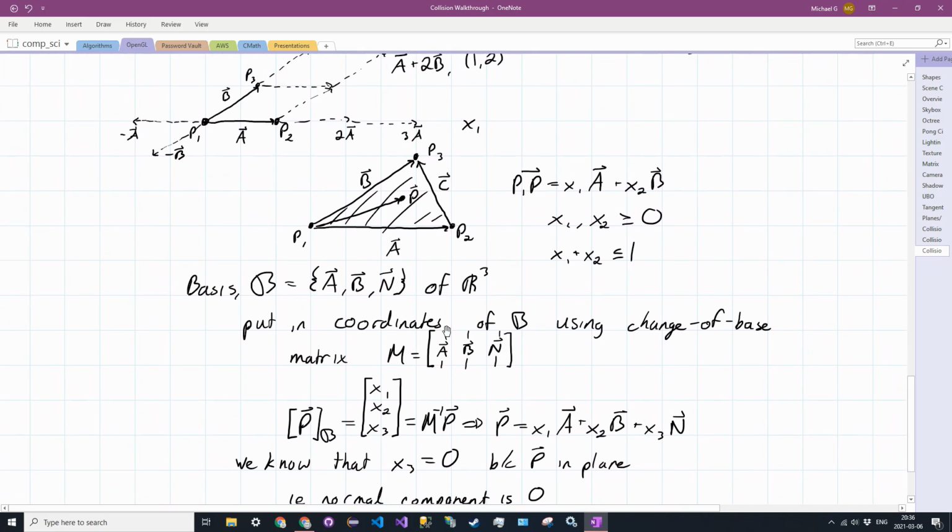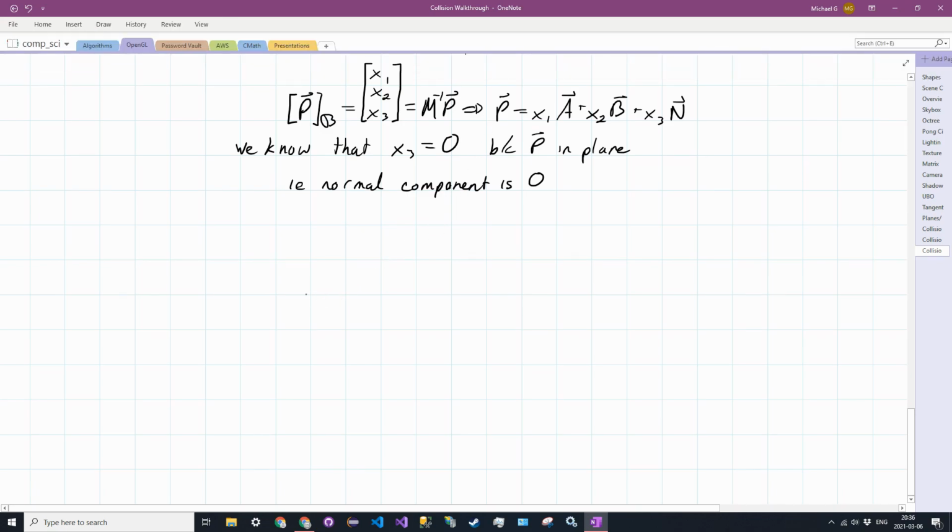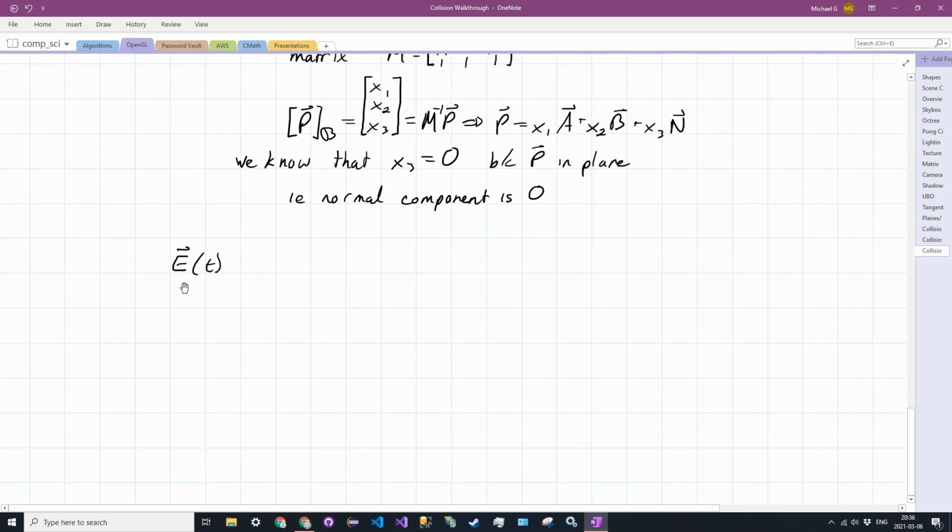So now what we have is a simplified system. E at T, which is the line made by E, minus P1 is equal to P, which is equal to x1 times A plus x2 times B, which gives us 3 equations, one for each component x, y, and z, and 2 unknowns.